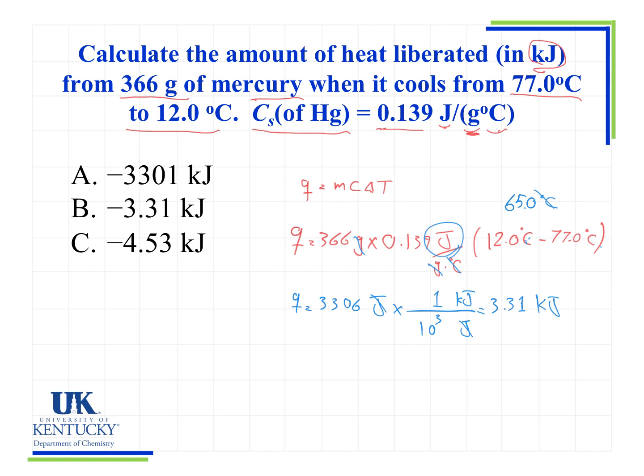I usually do it in the end, and then I think about, whoa, was it negative or positive? So you have to be careful. So the delta T is 12 minus 75, so that makes it a negative delta T. Therefore, the Q is negative 3000, and when you convert it, it is negative 3.31. Okay, so the answer is B.